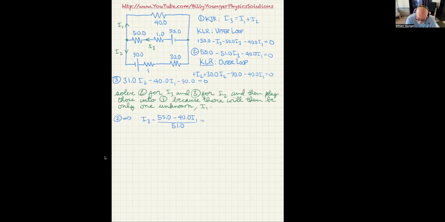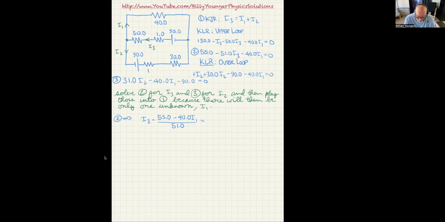Now, what I did was I took equation 2, and you can imagine me taking the minus 51 I3 and pulling it to that side. It'll become positive 51 I3. So then you'll get 55 minus 40 I1 in the numerator, and then all we have to do is divide by 51 to get rid of the coefficient, and that gives us I3. Now, this isn't the nicest way to plug I3 into equation 1.